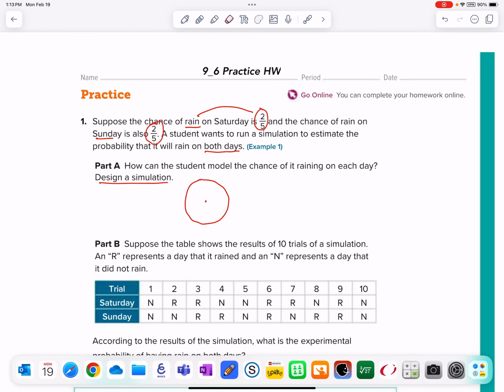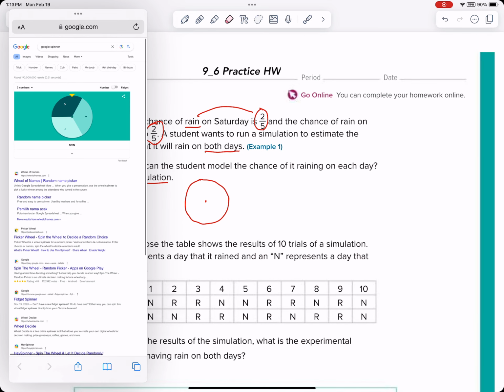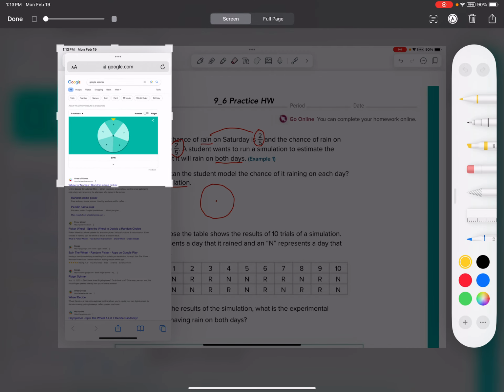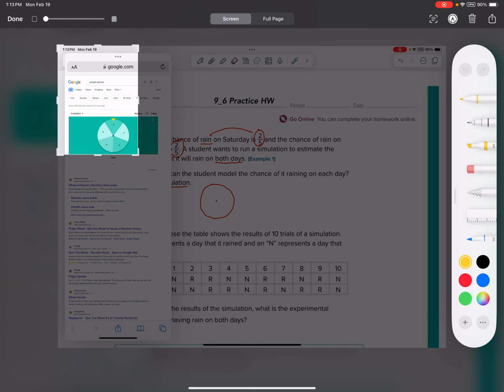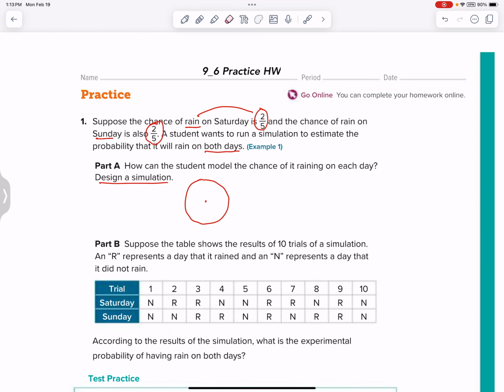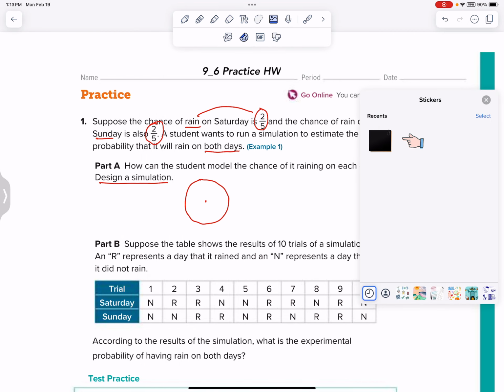So let's go back to our Safari here and see what that would look like. We can change it to 5 numbers. Okay, let's stop it there. Maybe what would work well is to screenshot this. See, we're being creative here. We can hit done on this, save to photos, go to our gallery, and grab our spinner.